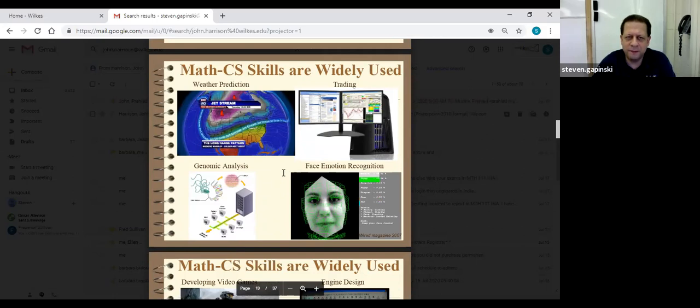One of the areas where you'll see a lot of math and CS overlap is in weather prediction. Weather models, even the most advanced ones today, probably have at their heart something called dynamical systems.